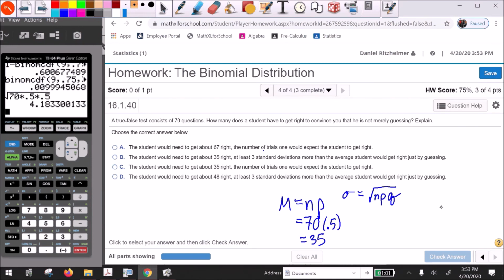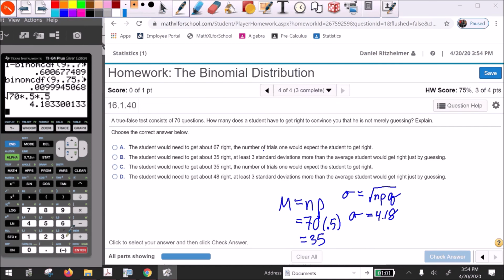And we learned already that anything more than 3 standard deviations above the mean is exceptionally rare, and it would not occur strictly by chance. There's a very small likelihood of a result 3 standard deviations away from the mean occurring strictly due to chance.